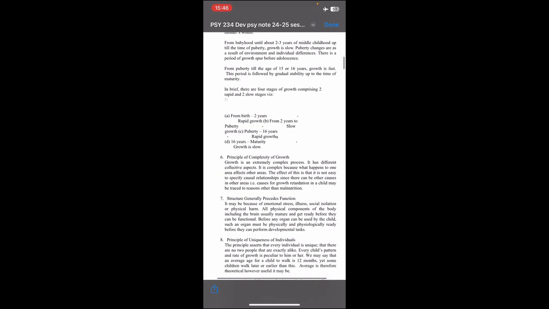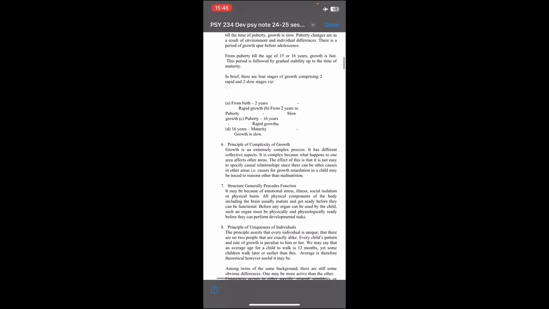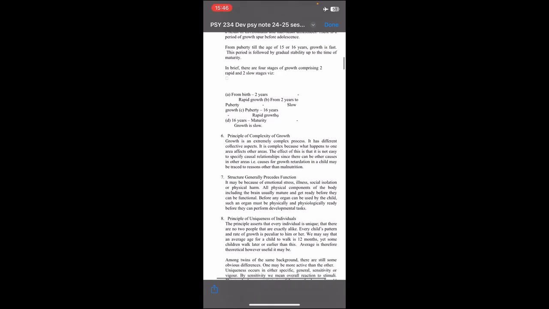You barely notice. So in brief, there are 4 stages of growth comprising 2 rapid and 2 slow stages. From birth to 2 years, like I've said before, is rapid. If they ask you, just think: from conception to birth to 2 years, I was tiny, then I'm 3 kg, I'm that big. That was very fast.